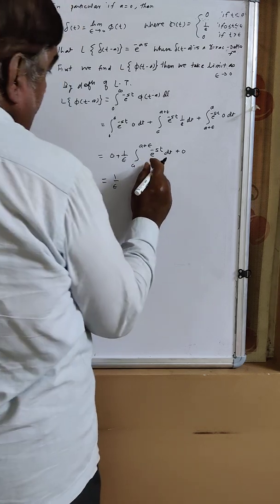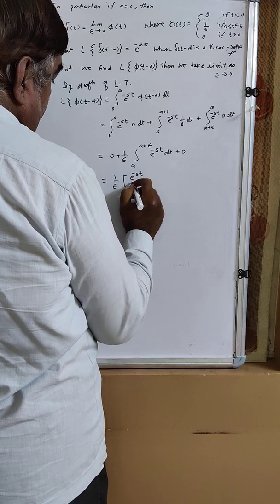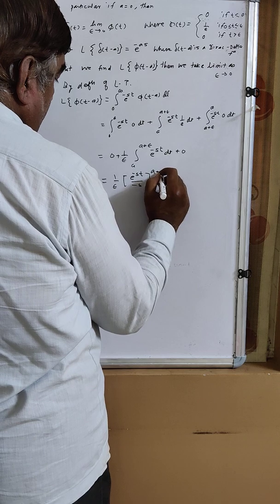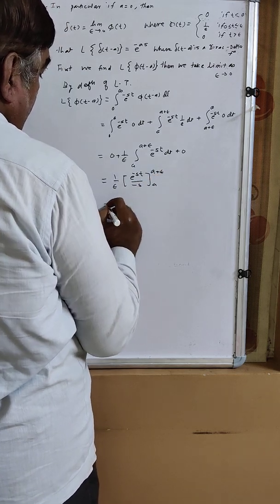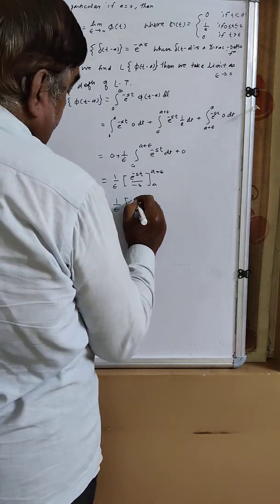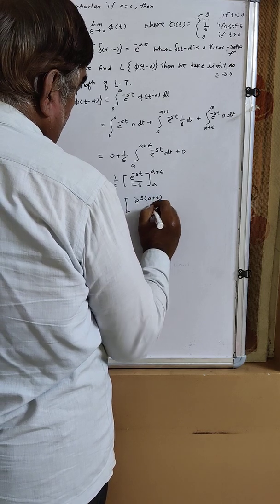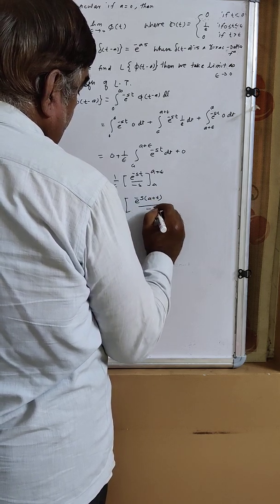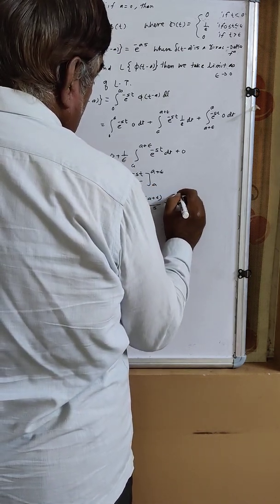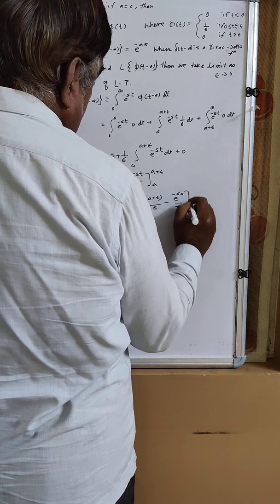Integration of e raised to minus st with respect to t is e raised to minus st upon minus s, from a to a plus epsilon. This is equal to 1 upon epsilon times, for the upper limit, e raised to minus s(a plus epsilon) upon minus s, minus, for the lower limit, e raised to minus sa upon minus s.